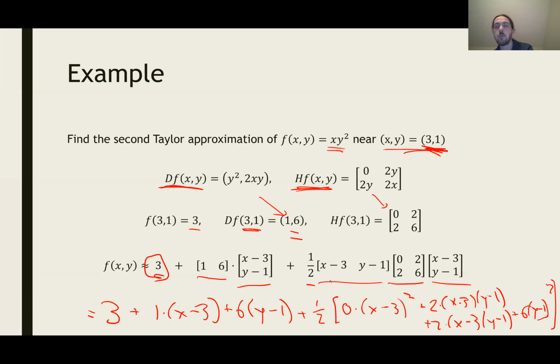So that is what I would get if I expanded out this whole matrix multiplication.